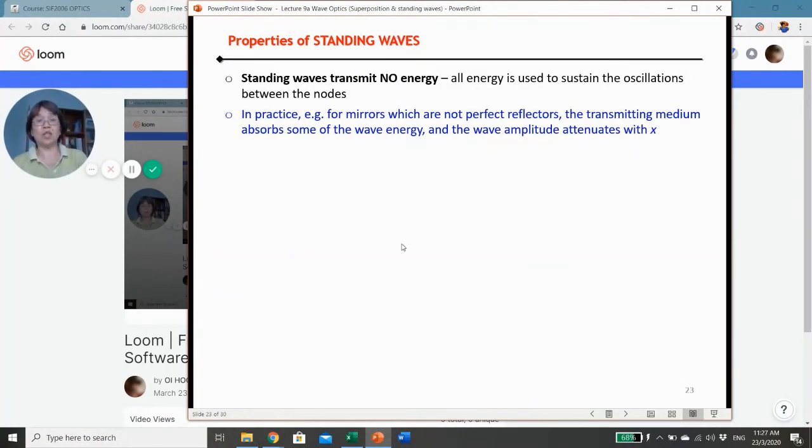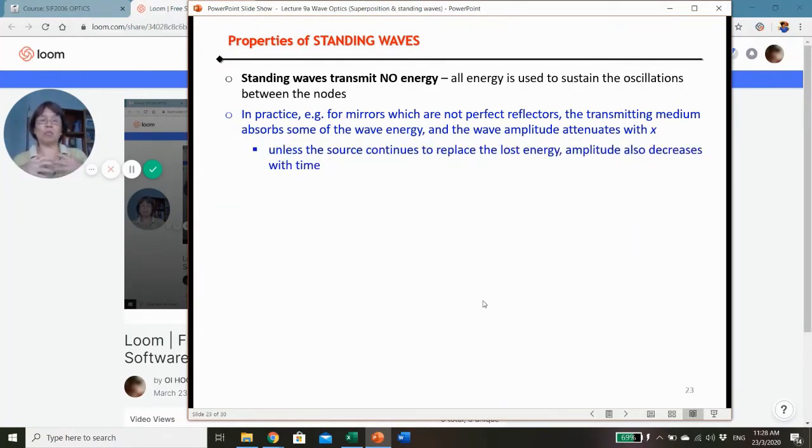So what are the properties of standing waves? Well, interestingly, though they are oscillating, they actually use up all the energy to sustain the oscillations between the nodes, so they do not transmit energy. In reality, mirrors are not perfect reflectors, and also the transmitting medium absorbs some of the wave energy. So in other words, the wave amplitude will attenuate with distance.